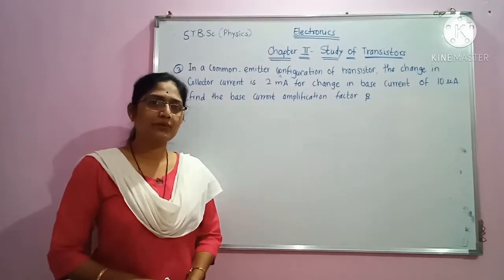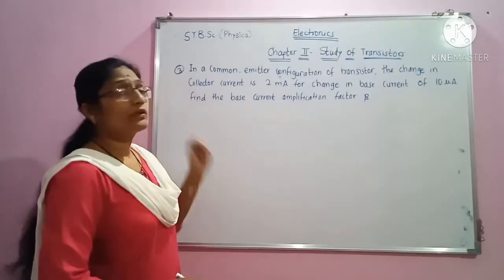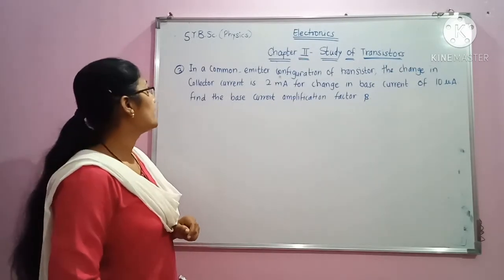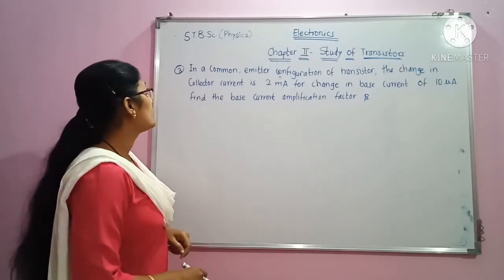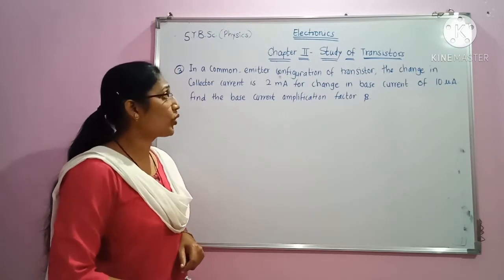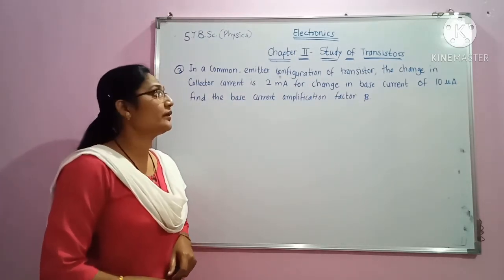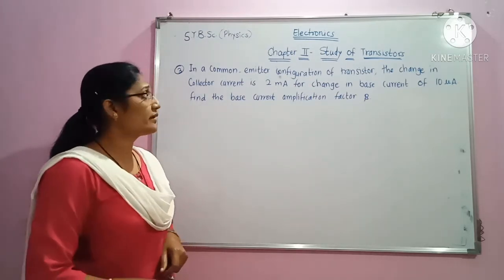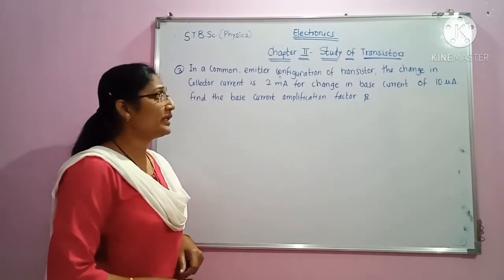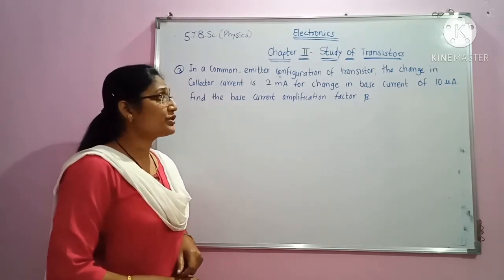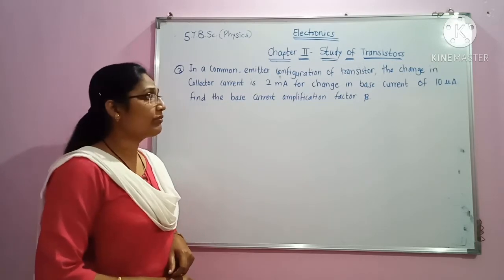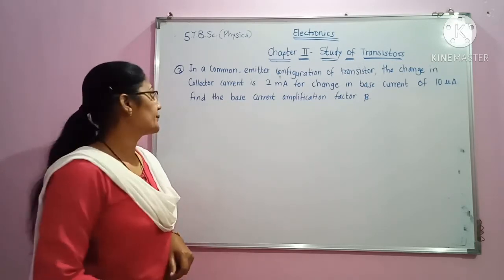Students, let's try to solve the third example. Let's read it first. In a common emitter configuration of a transistor, the change in collector current is 2 milliampere for the change in base current of 10 microampere.